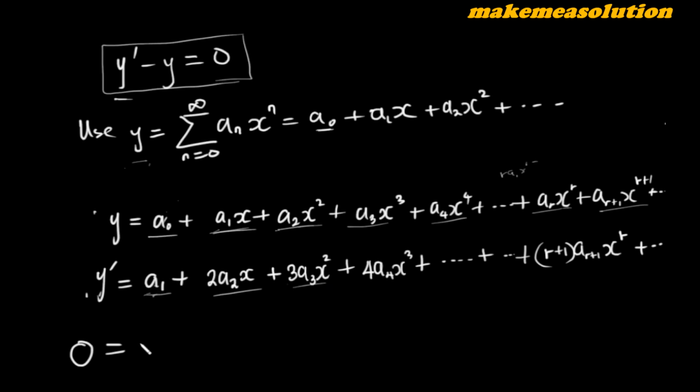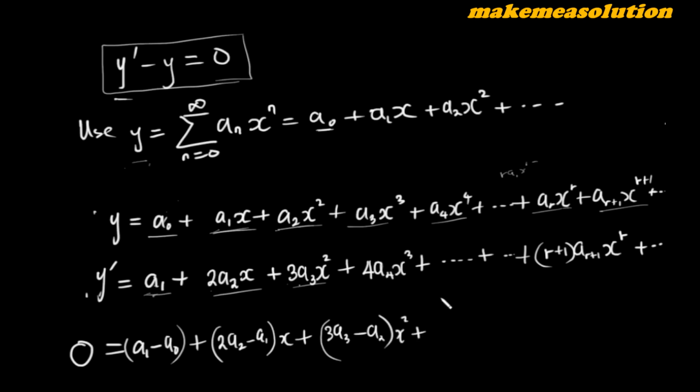So a1 minus a0 is going to give me a1 minus a0, and plus this minus this, since they are all in x, you can write it as 2a2 minus a1 in x, and plus this minus this can give you what? 3a3 minus what? a2, all in x squared, and plus this minus this can give you 4a4 minus a3, all in x cubed, and you can keep going.